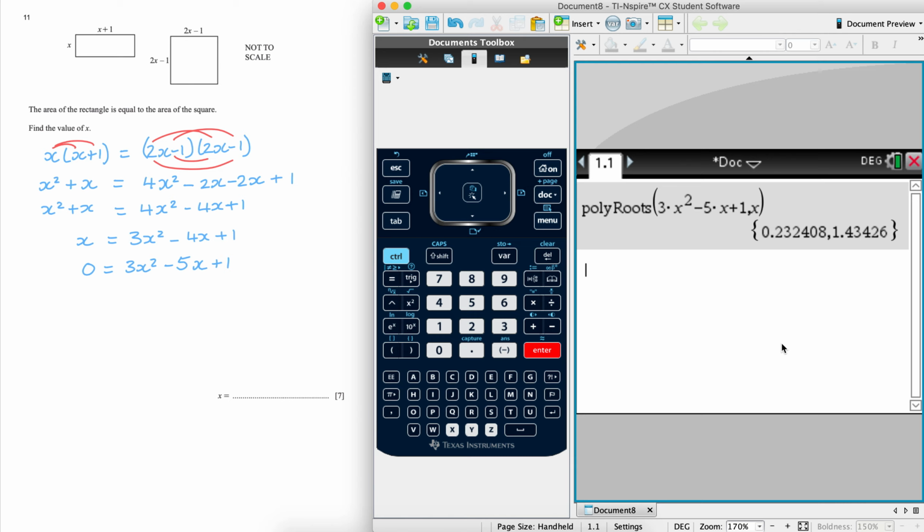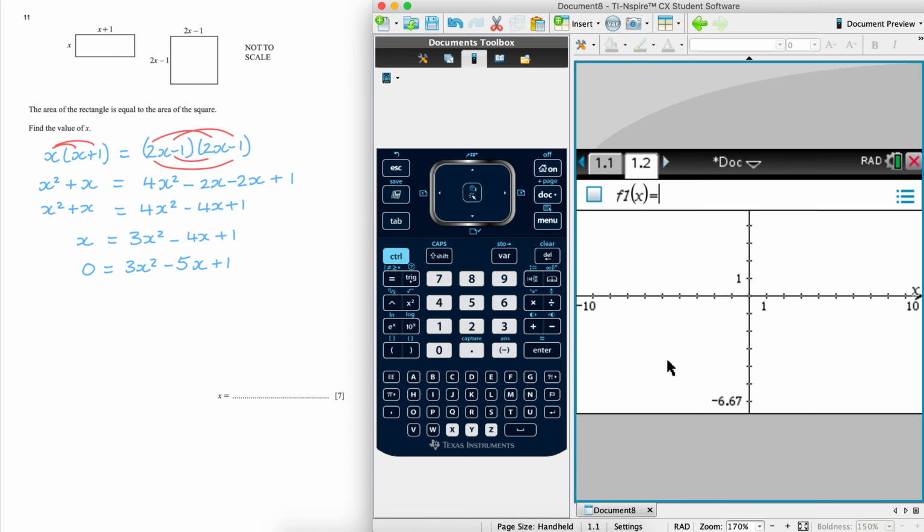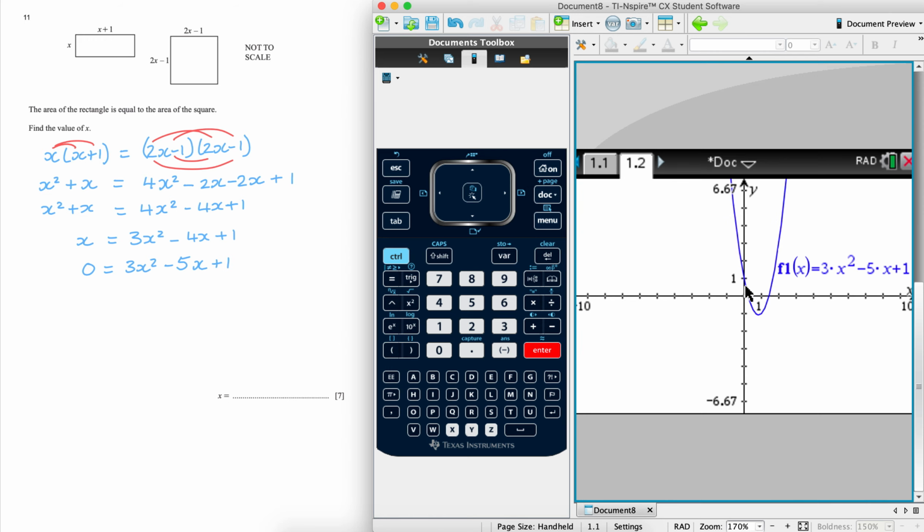The other way of doing this is to graph the function. So I've got 3x squared, so I'm just writing the graph in to draw, minus 5x plus 1. And then we can see here we've got two solutions where this is equal to 0.